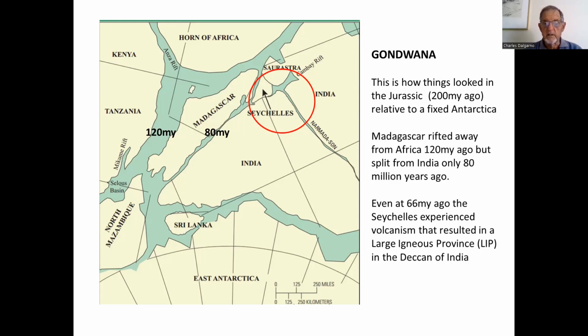And I also comment that as recently as 66 million years ago, after the start of separation of India from Madagascar, and probably after the independence of the Seychelles as a mini continent in the middle of ocean, you had an enormous plume of heat come from the outer core of the Earth some 3,000 kilometres down, and it formed huge volcanic features in India known as the Deccan Traps.